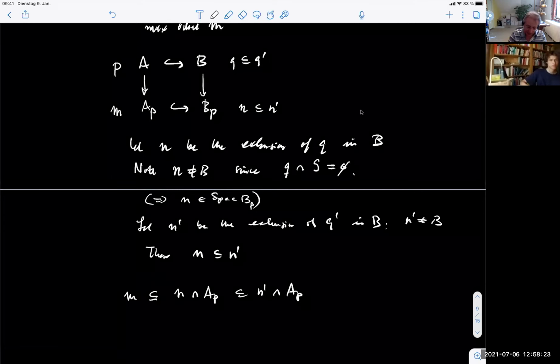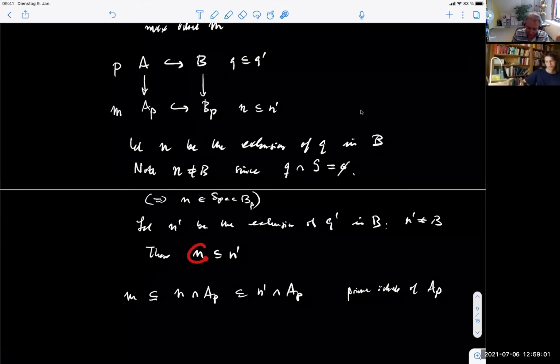Because the P is contained in all these ideals, the P is just everywhere and also in M. So the ideal generated by P in A_P, namely M, contains it. So I have this. Okay, and these are prime ideals of A_P. Again, I use something, and I'm very detailed now.